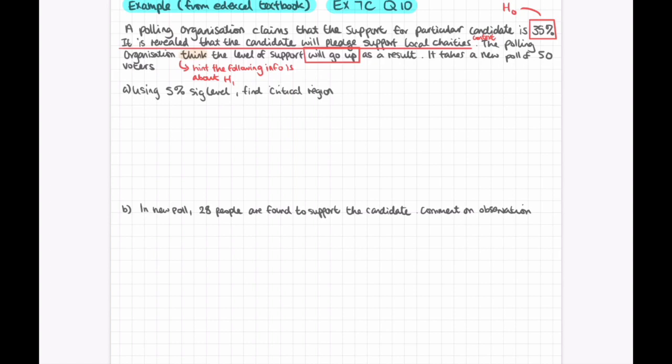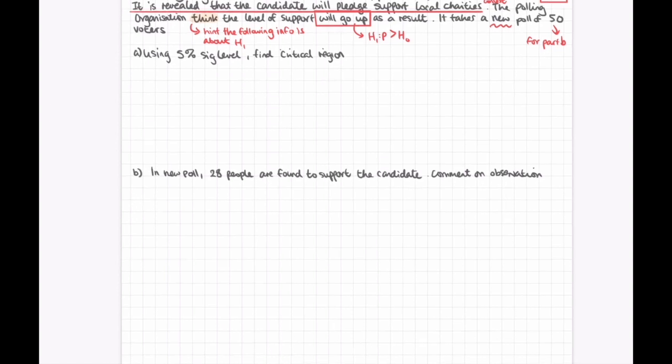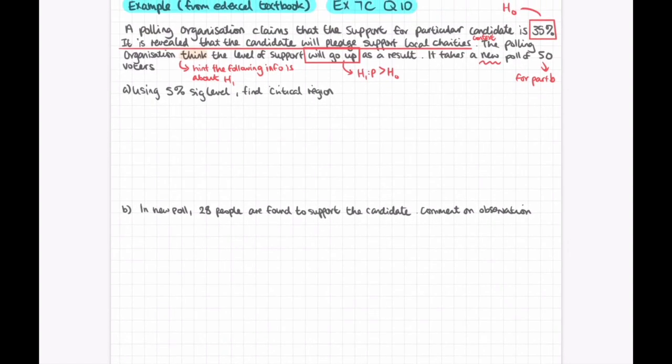This is a good preparation to say that the following info is about H1, and this means, if you don't know, that H1: P is going to be bigger than H0. And then it takes a new poll of 50 voters, which is for part B. So, using the 5% significance level, we know that it's 5%. You have to find the critical region.